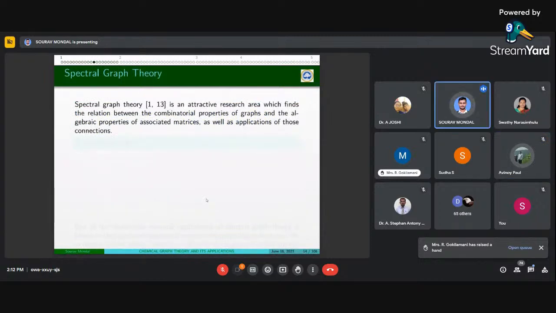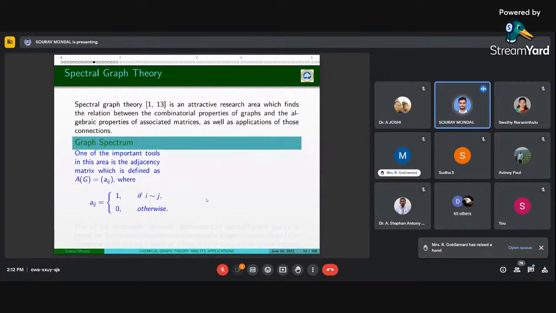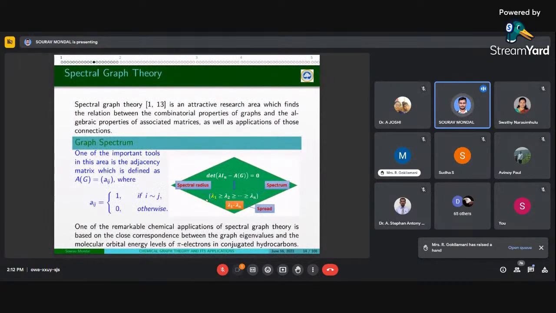Spectral graph theory can be thought of as an approach to use linear algebra, including, in particular, the well-developed theory of matrices, for unlocking thousands of secrets about graph theory and its applications. One of the important tools in this area is the adjacency matrix, which is formulated as A(G) equals a_ij, where a_ij is 1 if there is an edge connection and 0 otherwise.